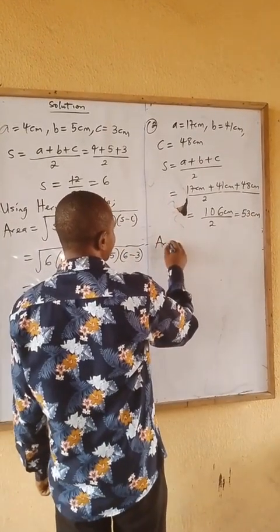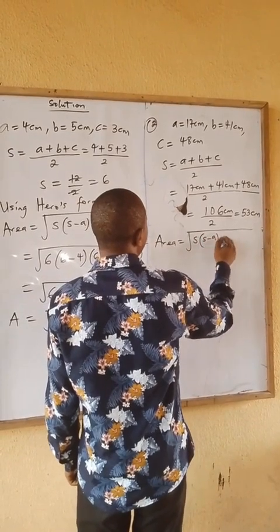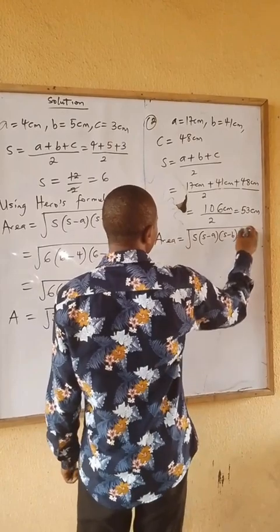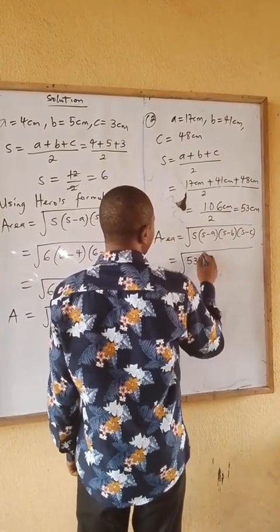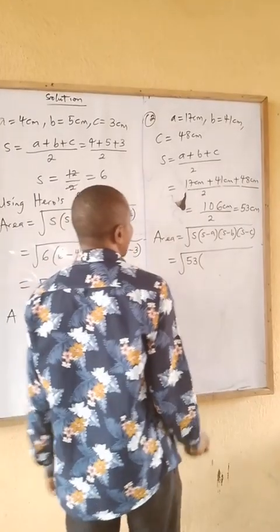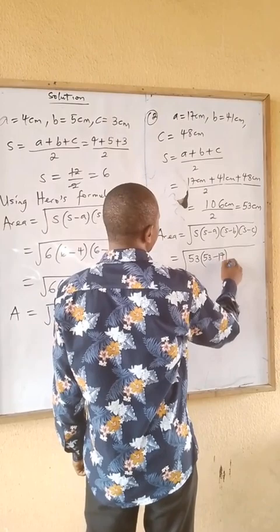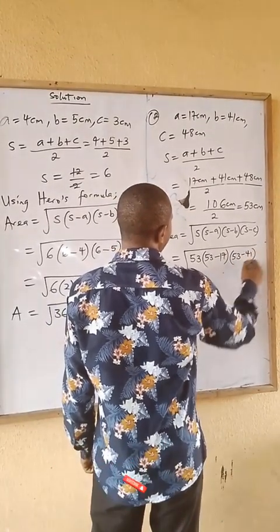So area is equal to square root of S in bracket of S minus A, S minus B, S minus C. So here we are going to have 53 in bracket of 53 minus the value of our A, which is 17. 53 minus the value of our B here is 41.